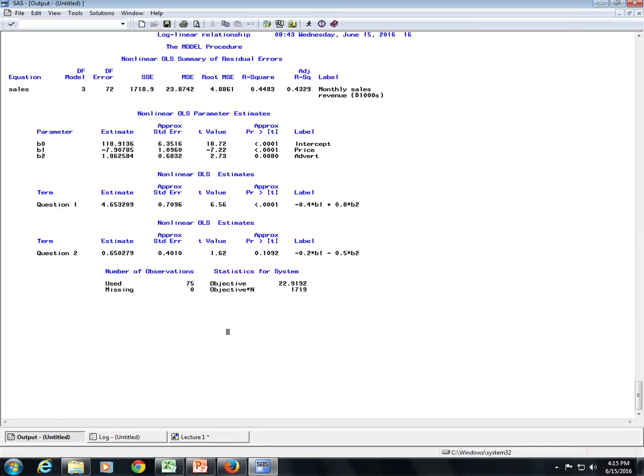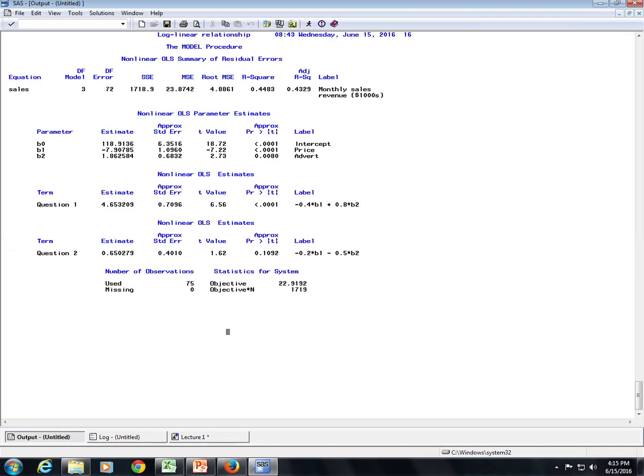And we could also take things like the standard error and the t statistic, and we could build a confidence interval, which would allow us to more explicitly state the inherent uncertainty with that estimate. So there is a lot of added value to what proc model is providing us.